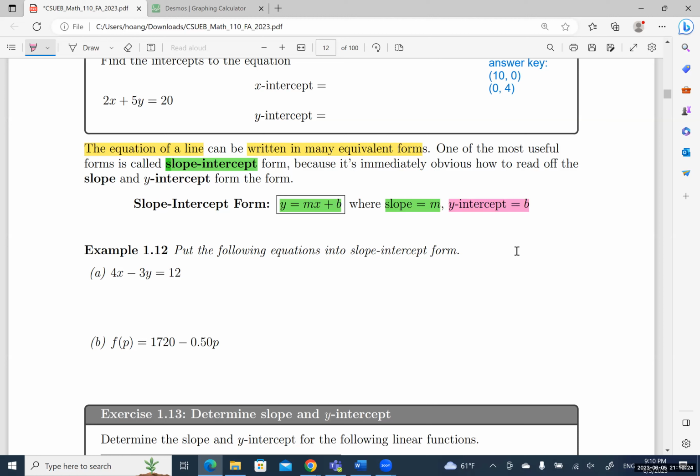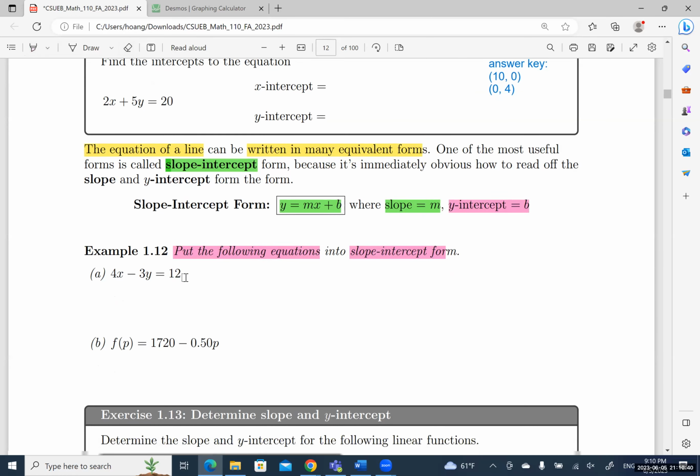Okay, so now I would like to put the following equation into the slope intercept form. So I'm gonna convert this form here to become slope intercept form. All right.